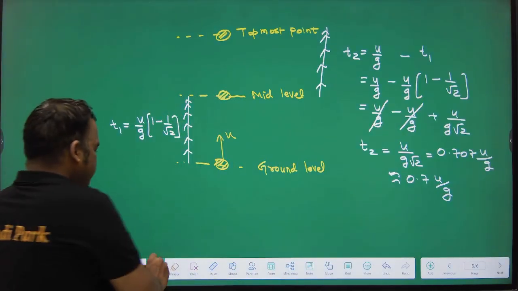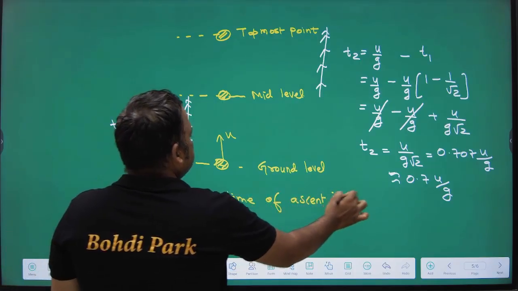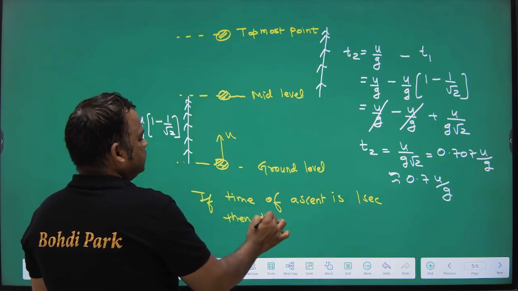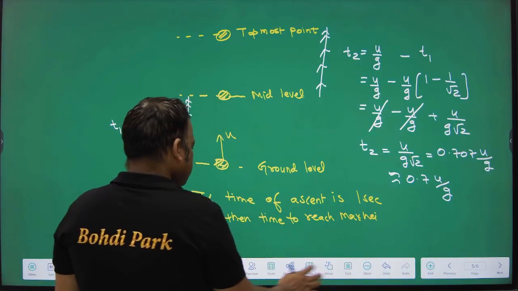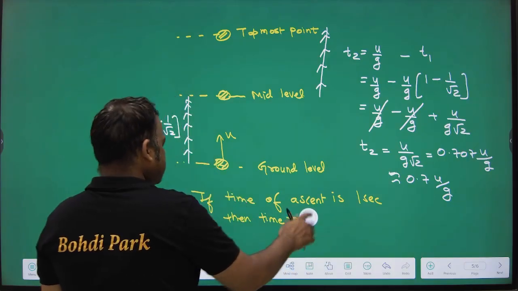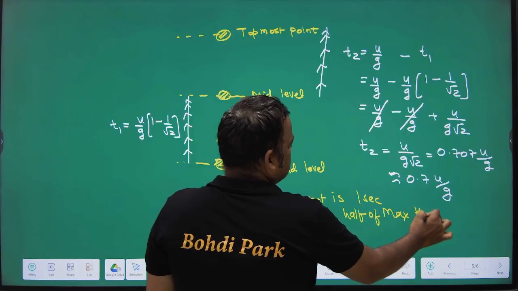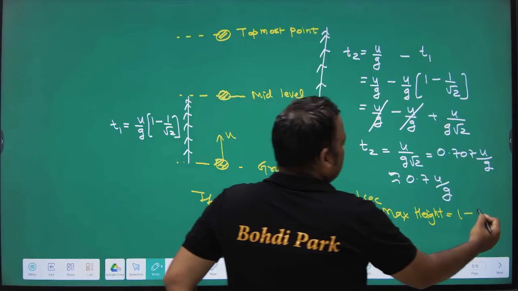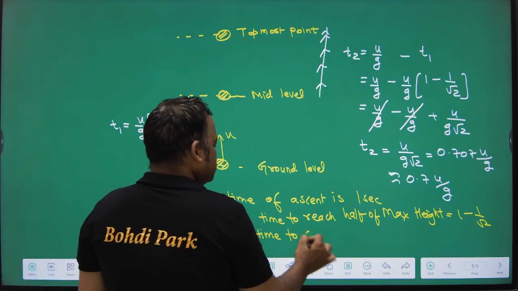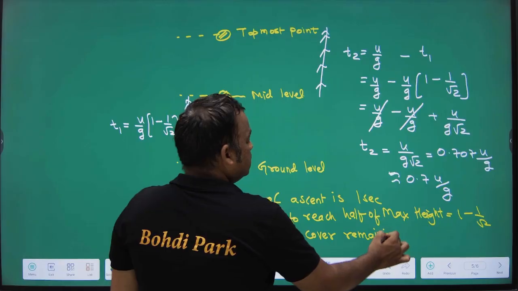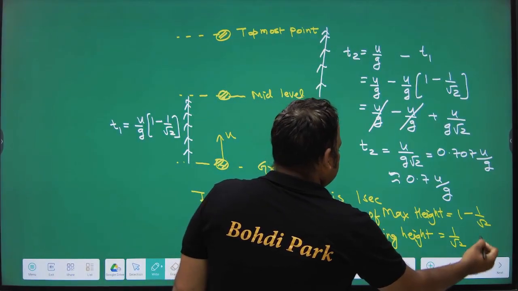So we can memorize this by taking an example. If time of ascent is 1 second, then time to reach maximum height is 1 second, time to reach half of maximum height will be 1 minus 1 by root 2 second, and time to cover the remaining height, meaning the remaining h by 2 height, it will take 1 by root 2 seconds.